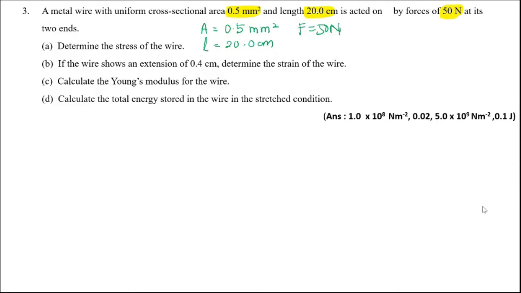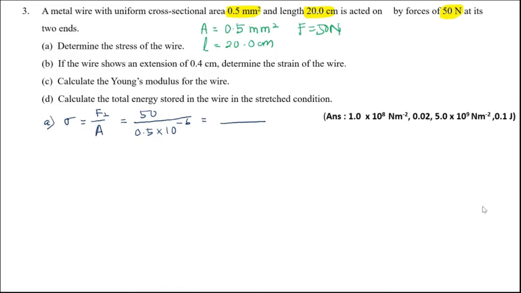For part A, the stress can be determined using the formula for stress, which is force, the perpendicular force, per unit area. So you just substitute the values: force is 50, cross-sectional area is 0.5, but make sure you convert this to meter squared, times 10 to the power of -6. Then come up with the answer.